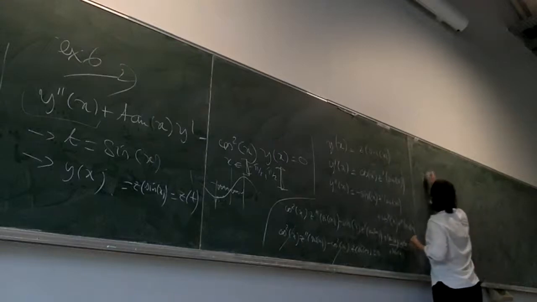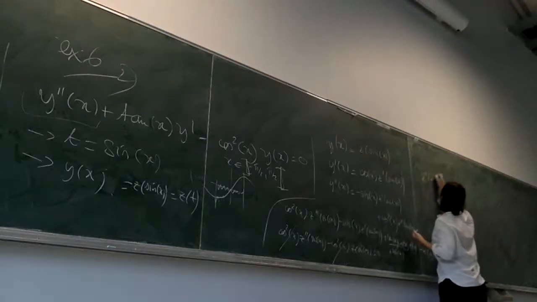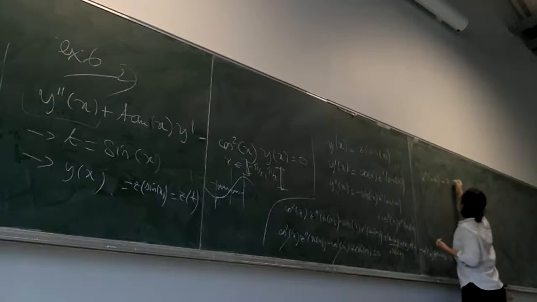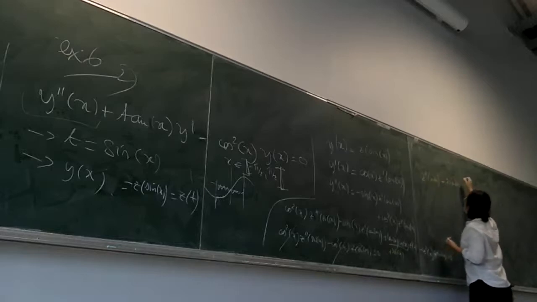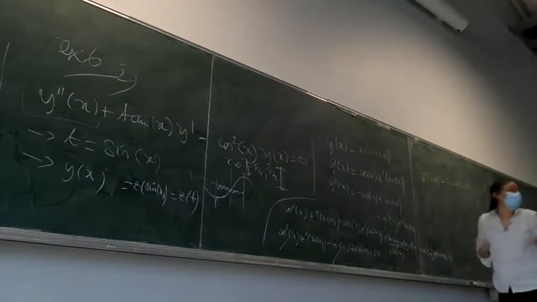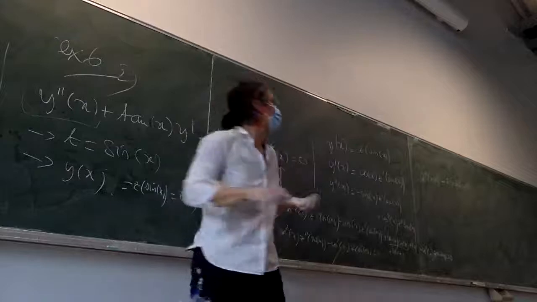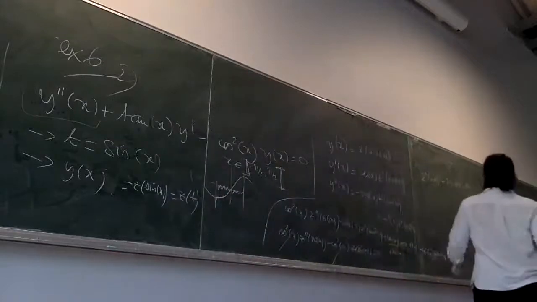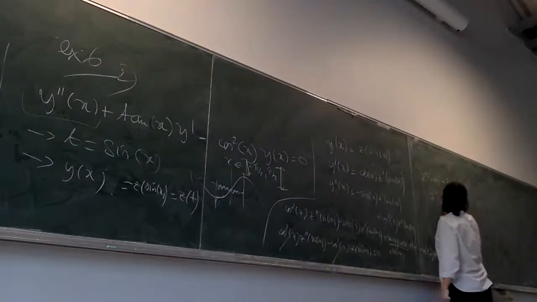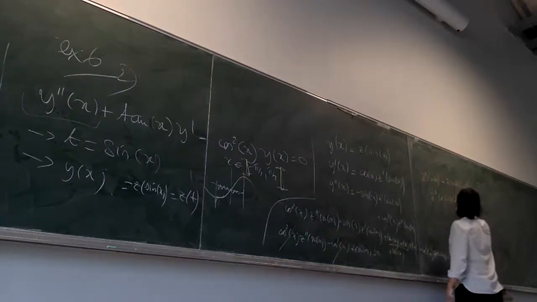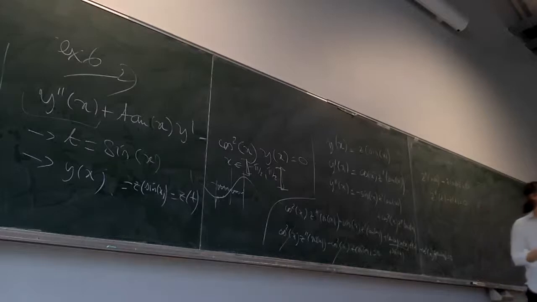It's just z second of sine of x minus z of sine of x is equal to 0. And as I know that sine of x should be equal to t, I can rewrite this as z second of t minus z of t is equal to 0.